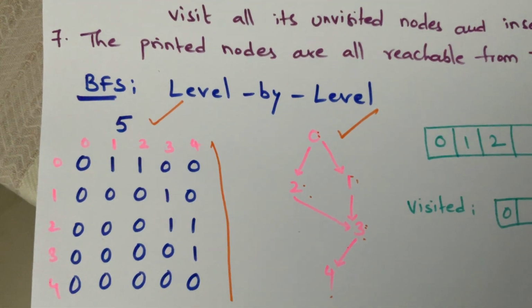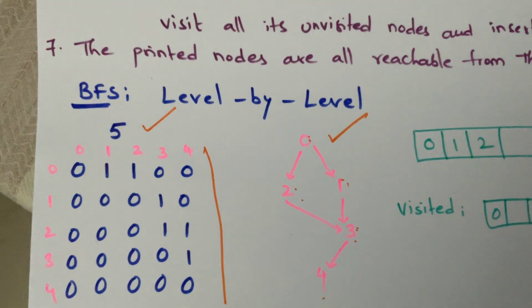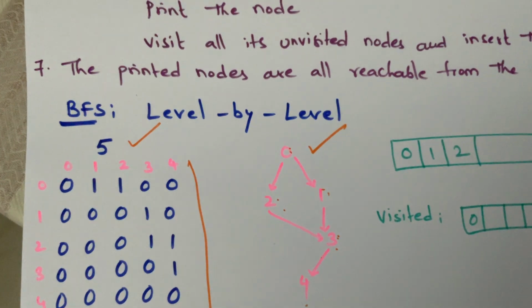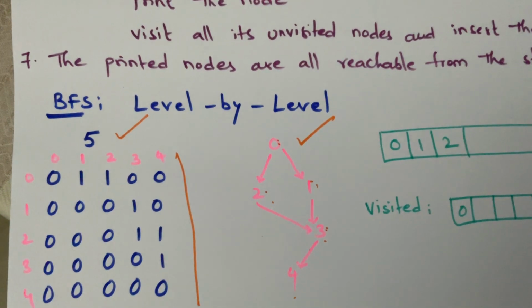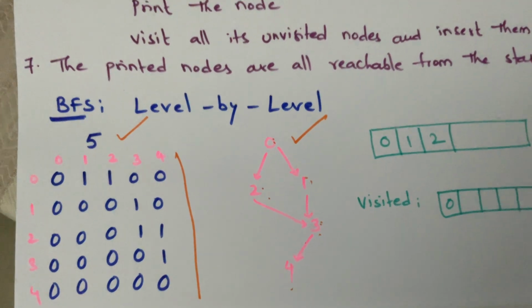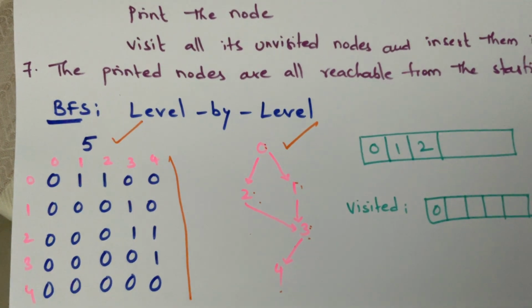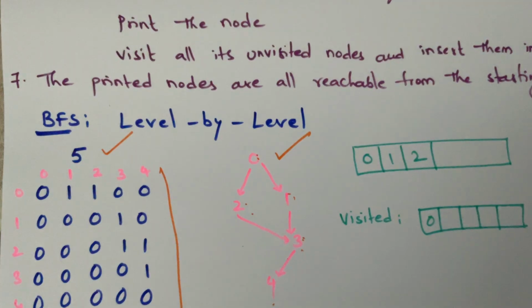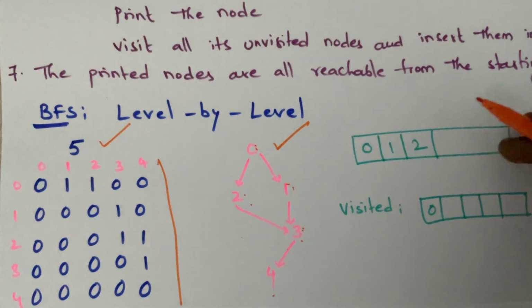Now, programmatically, how do I understand this through BFS? BFS is something level by level. It is first come, first served. That means I'll use a data structure that accommodates all the vertices, correct? So I have to go level by level, as I said.